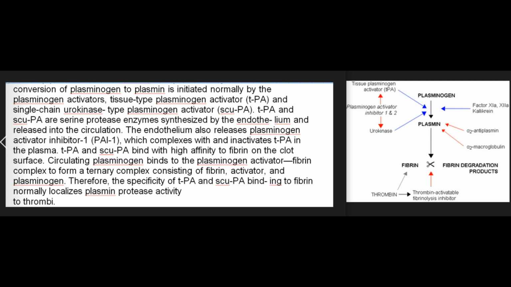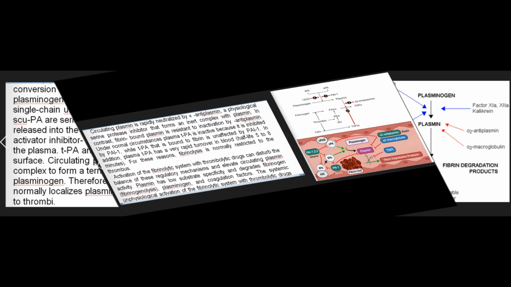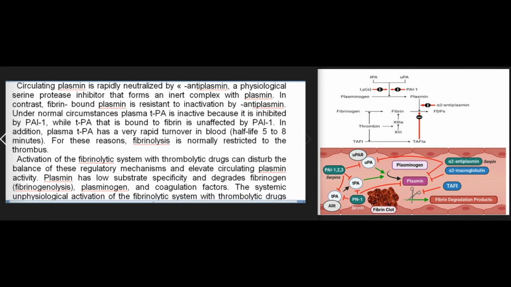The endothelium also releases plasminogen activator inhibitor 1, PAI-1, which complexes with and inactivates tPA in the plasma. tPA and scuPA bind with high affinity to fibrin on the clot surface. Circulating plasminogen binds to the plasminogen activator-fibrin complex to form a ternary complex consisting of fibrin, activator, and plasminogen. Therefore, the specificity of tPA and scuPA binding to fibrin normally localizes plasmin protease activity to thrombi.